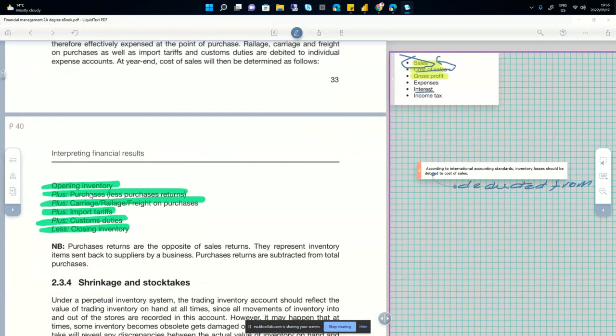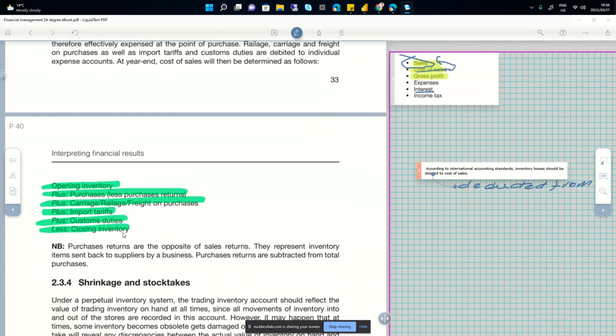So the opening inventory, let's say from last year, plus purchases, plus carriage, freight on purchases, import tariffs, plus customs duties. All those need to be added, but minus the closing inventory.